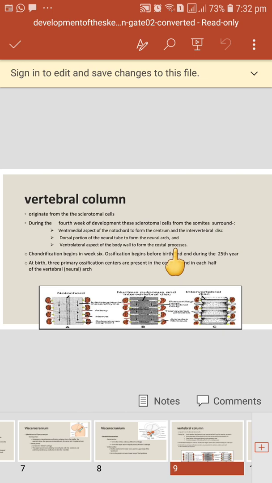In this way they will form the centrum and intervertebral disc, neural arch, and costal process.